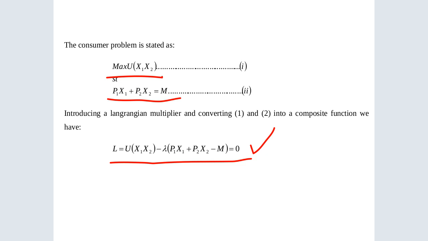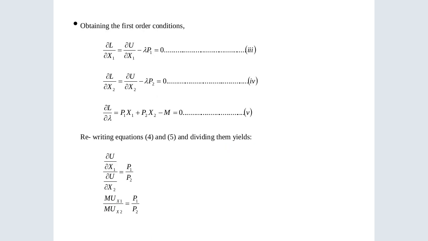So you are simply getting the derivative. So you get the change in L over the change in what? Commodity 1.